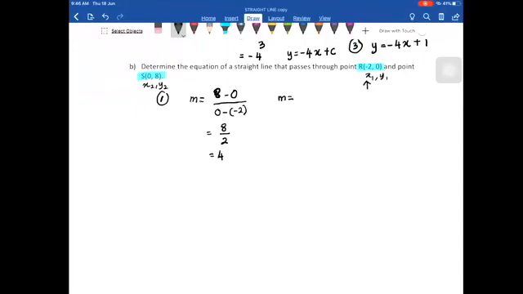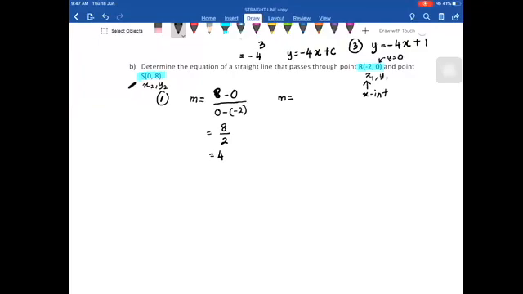Mana ada? This is my x-intercept. Kenapa? Sebab nilai y saya adalah kosong. Y equals to 0. So R is actually x-intercept.